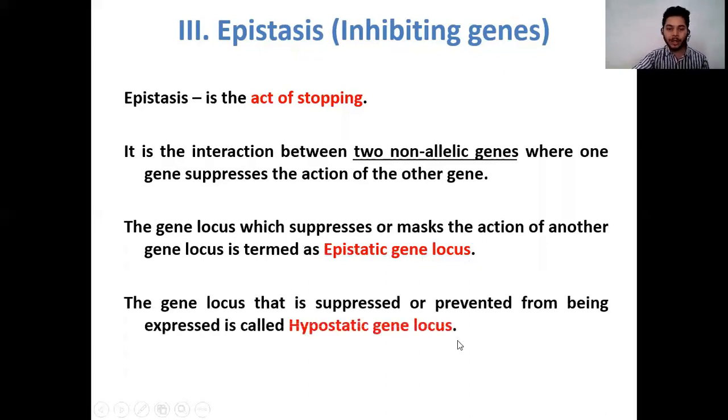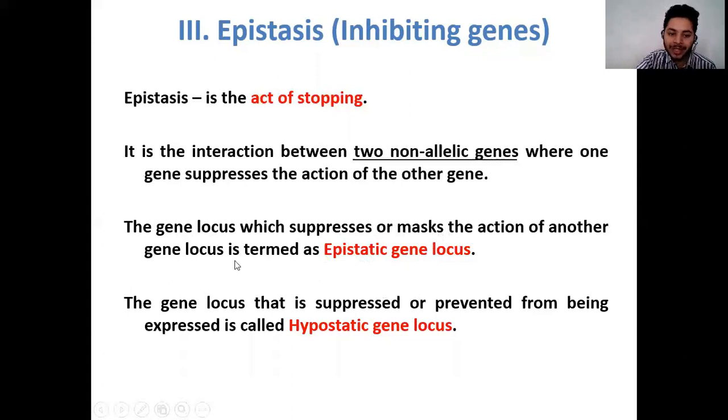So let us understand what you mean by epistatic and hypostatic gene locus. The gene locus which is going to suppress or not allow the expression of the other gene locus is called the epistatic gene locus. This is that particular gene locus which is going to be dominant and it is not going to allow the expression of the other gene locus present on the other gene loci.